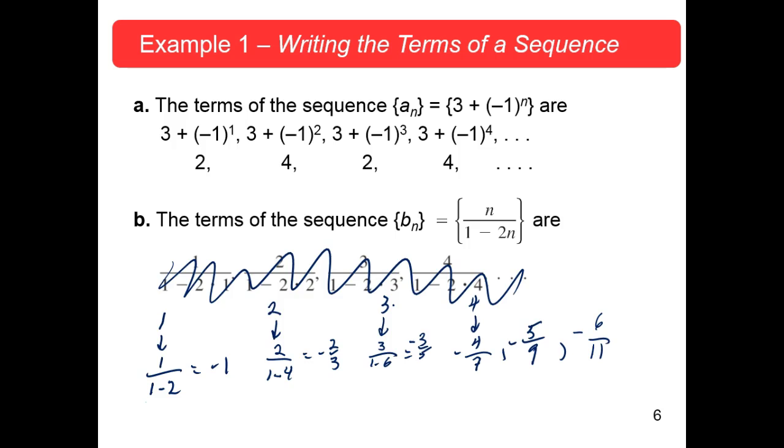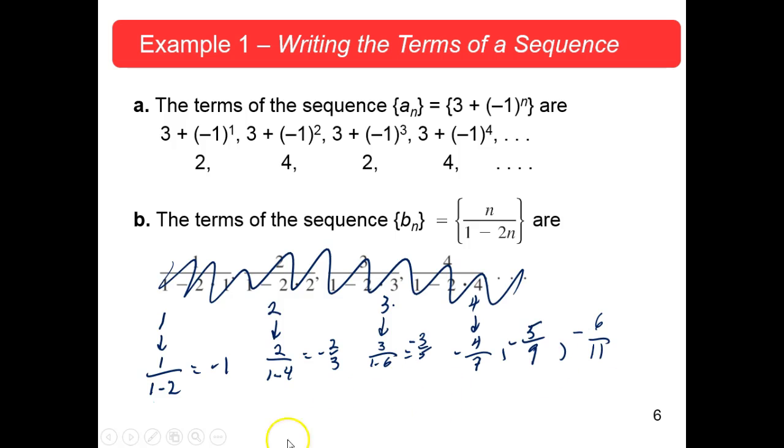Closer and closer to negative 1/2. Right? None of them will ever get to 1/2, but they get closer and closer. That was beyond where we're going now, but I think, yeah, okay.